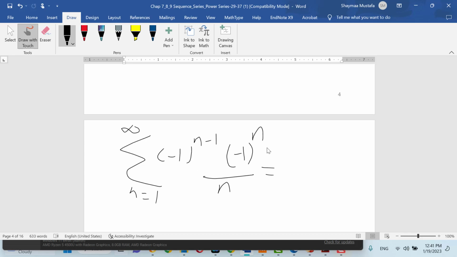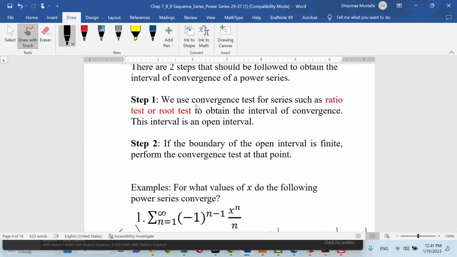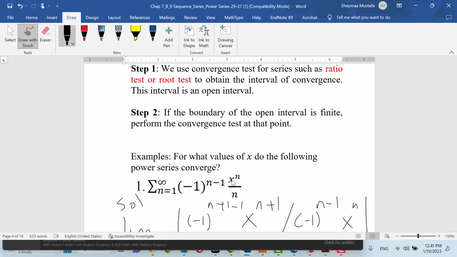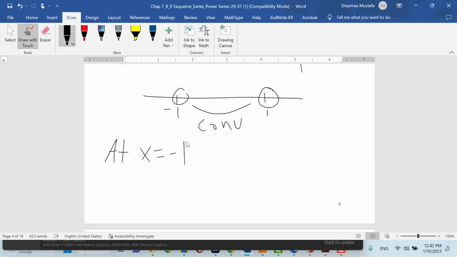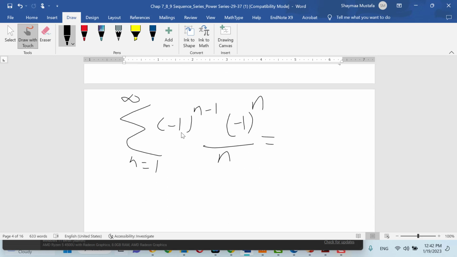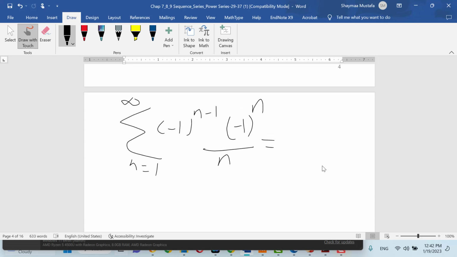What I did, I went to the series and replaced x by -1, the first point. So this will become the summation from n equal to 1 until infinity of -1 to the n, times -1 to the n, which is 2n, -1 over n.